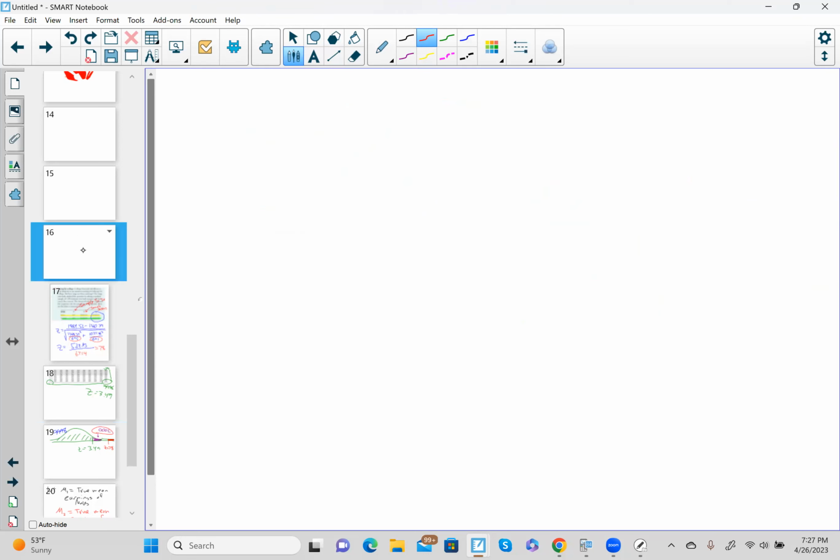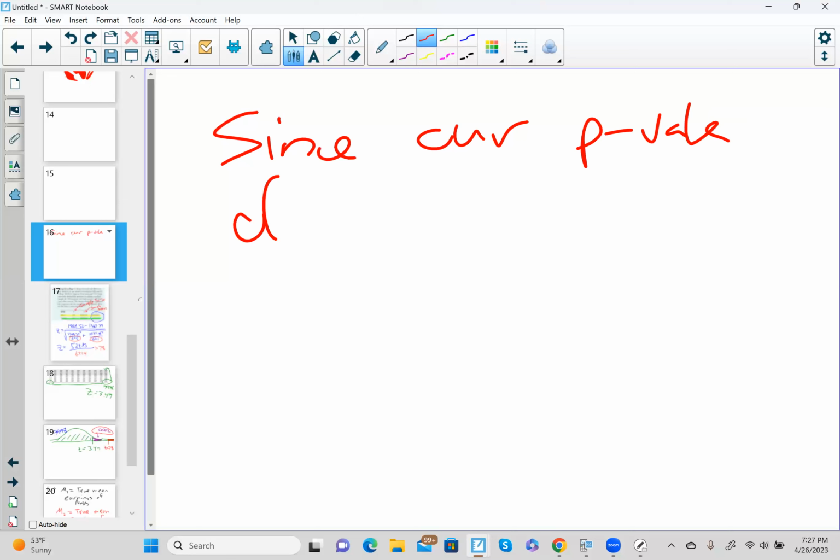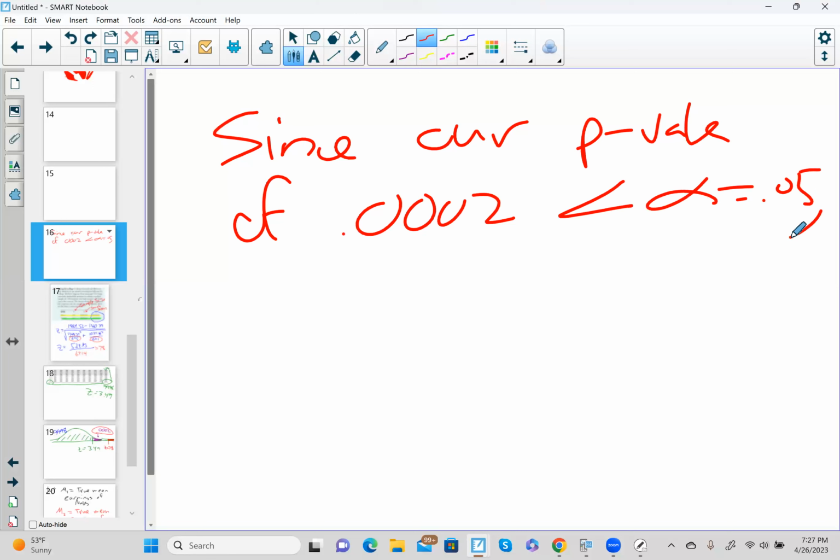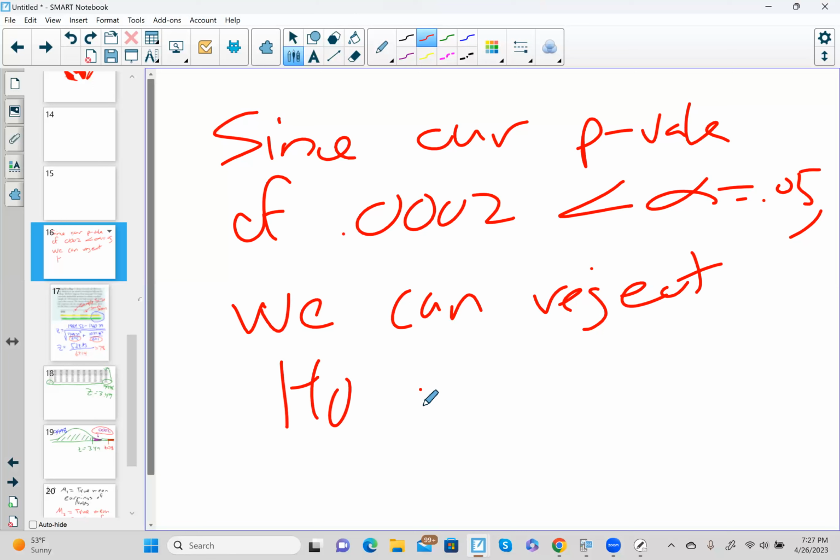So here we go. We can say the following. Since our p-value of 0.0002 is less than alpha equals 0.05, we can reject H0 in favor of HA.